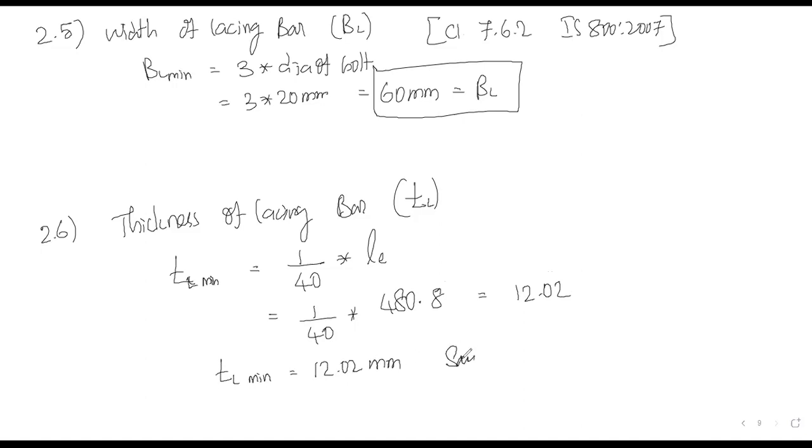So we can say 16 mm. Now we have to select either a flat or plate from the steel handbook to match these values. For that we have to calculate the design strength, and the number of bolts required.